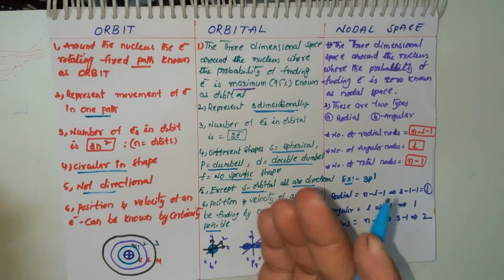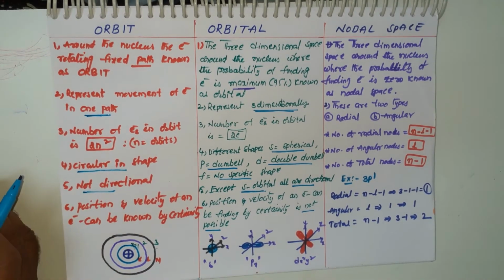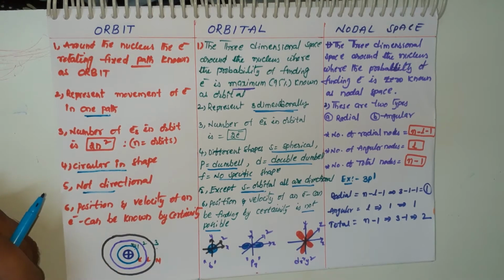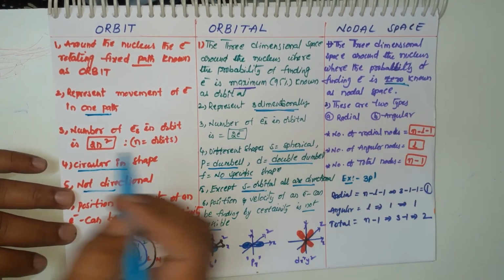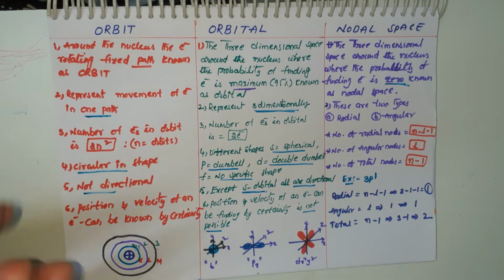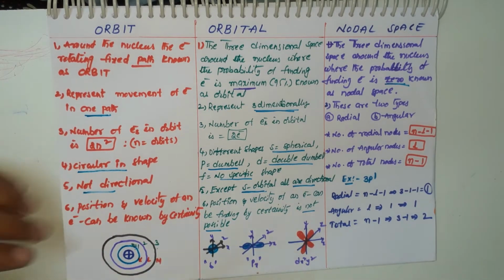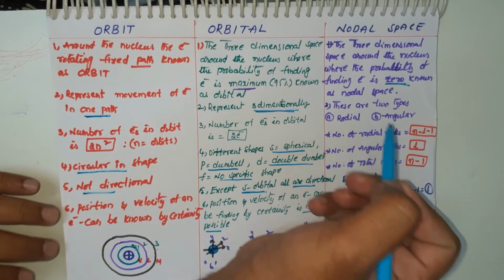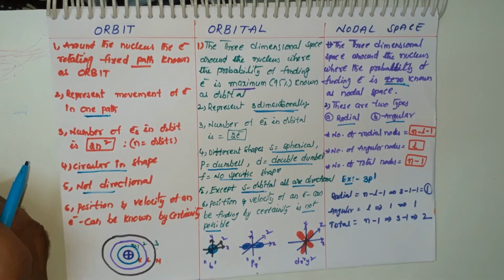Next, nodal space. We know that the zero probability of finding electrons around the nucleus in three dimensions is known as nodal space. There are no electrons in that space around the nucleus. Nodal spaces are of 2 types: radial nodes and angular nodes.